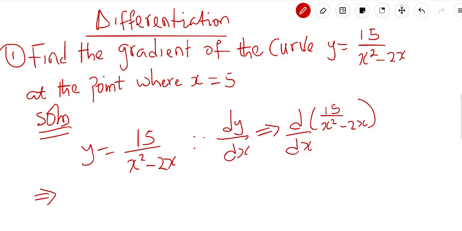So looking at the rules of differentiation, we can use the quotient rule to differentiate this, or better still, we can still use the scalar multiple rule.